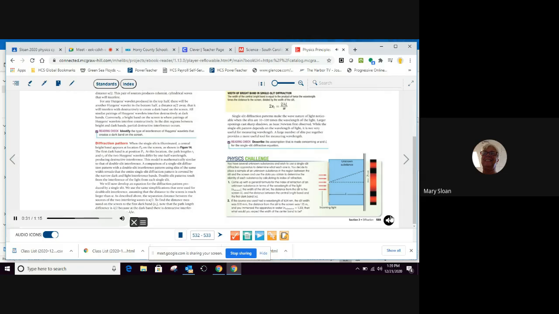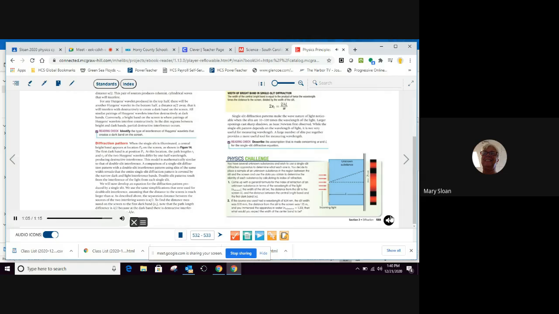Single slit diffraction patterns make the wavelength of most slits 10 to... Describe the assumption that is made concerning W and L for the single slit diffraction equation.